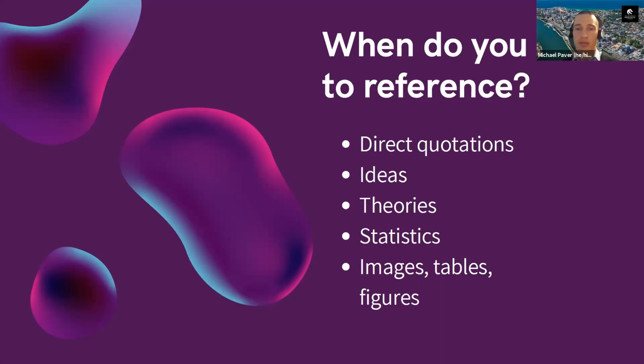And that also continues on through to things like theories. So if you're using a model or a theory to structure your assignment, you should acknowledge where that comes from. If you're using statistics or images and tables, you need to reference all of those things. And in our guides, we have guidance on how to reference those different types of materials.